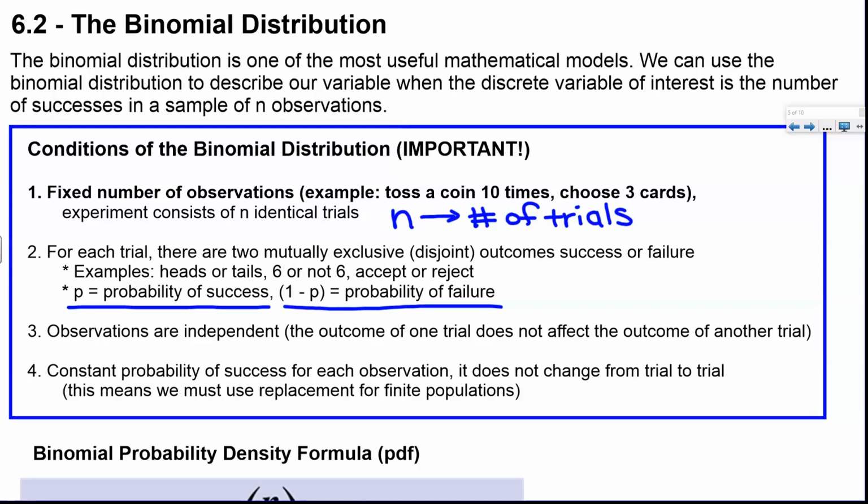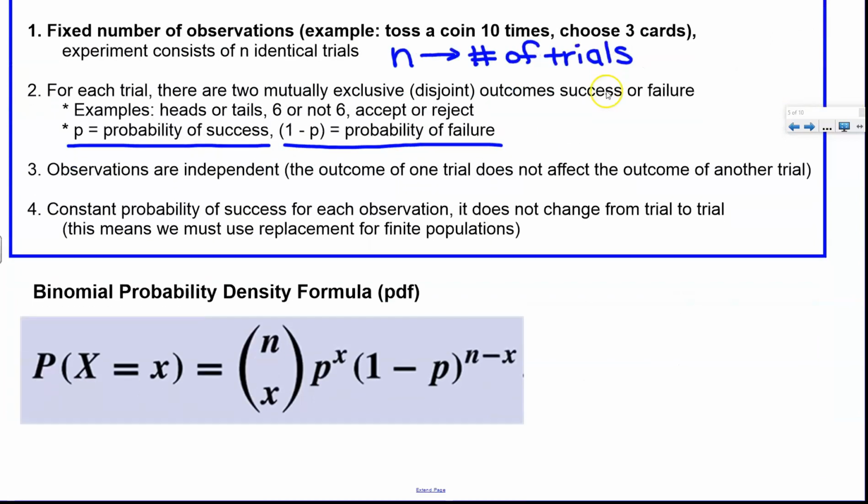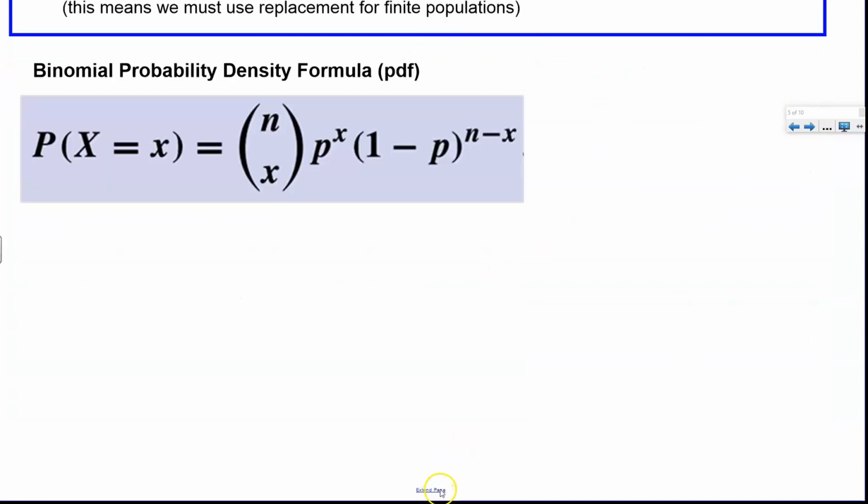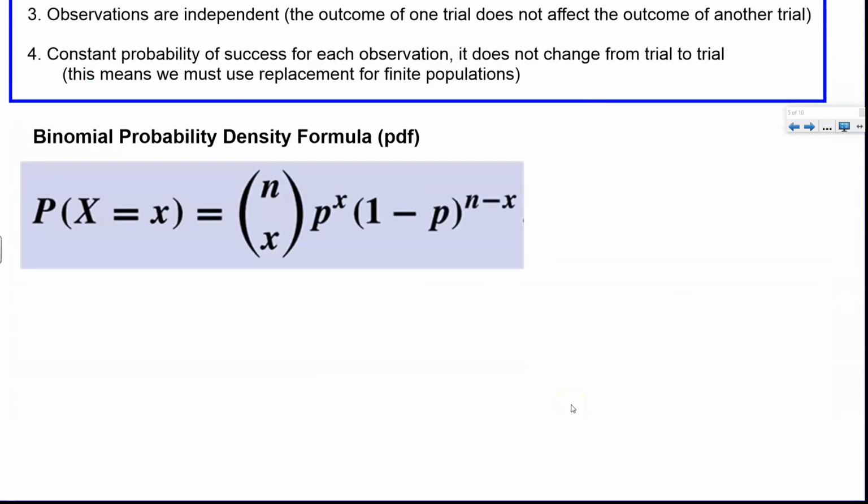So if all 4 of those things are true, then we can use this binomial probability density formula, which is called the PDF. So this is how we would calculate the probability that X is equal to a certain number of successes. Okay.